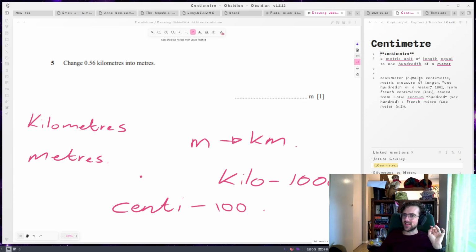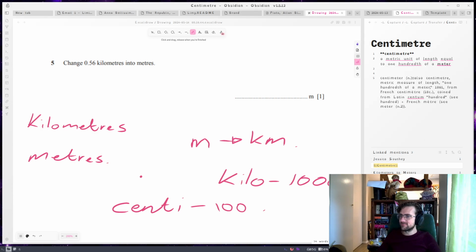A centimeter is a metric unit of length equal to 1/100th of a meter. So we have the 100 because centi, by the way, comes from the Latin centum, which is 100. Okay. And meter comes from the French metre, as we had. And so that means a centimeter is 1/100th of a meter.